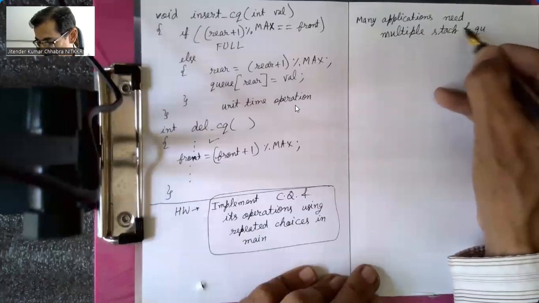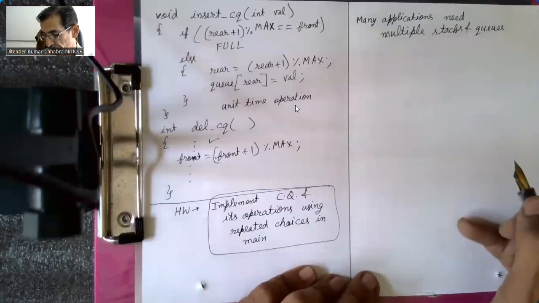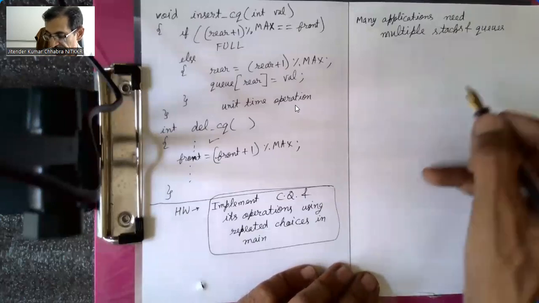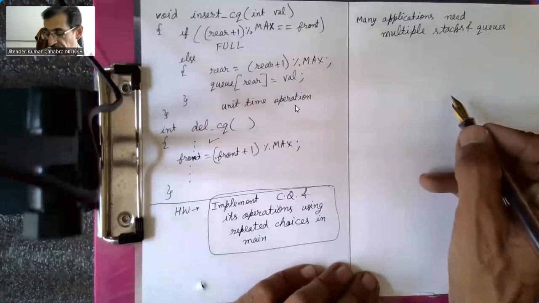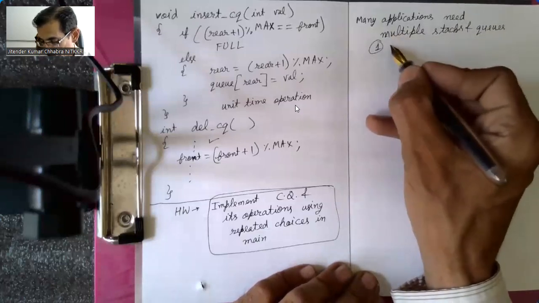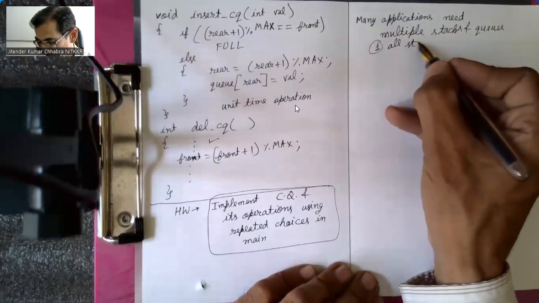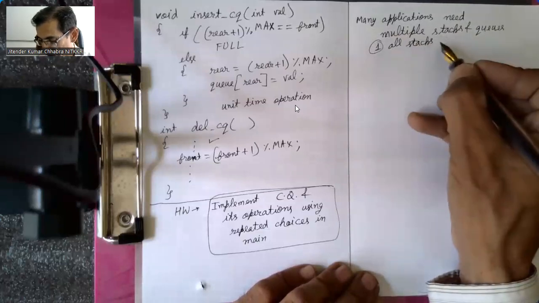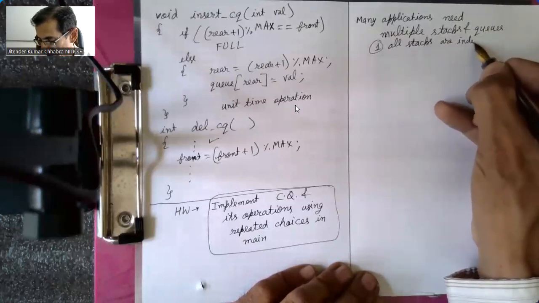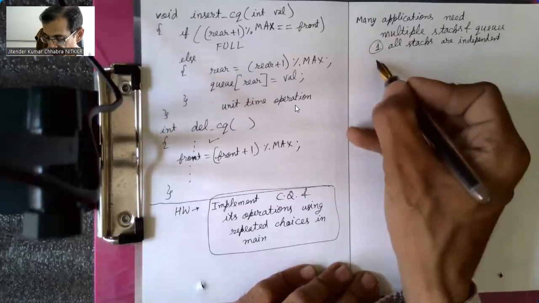Of course, that can be done by taking multiple arrays, multiple top variables or multiple rear, etc. So that can be one way. Every stack and queue being independent and multiple variables created. Let's say if I'm talking of stacks, all are independent, separate variables. Yes, that will of course work without much of a problem, nothing more to be discussed.